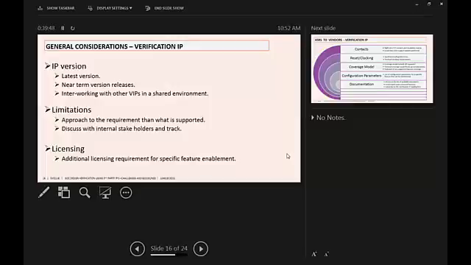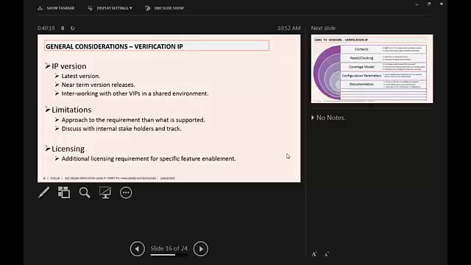Basically, this gives a clear picture about any bug fixes or patch releases in the near-term releases, so we can plan our verification milestones based upon the IP release version. Because you would have planned some features to be verified for milestone 1, but the VIP version cannot cover those features. So this gives a clear picture of how to plan our verification milestones.